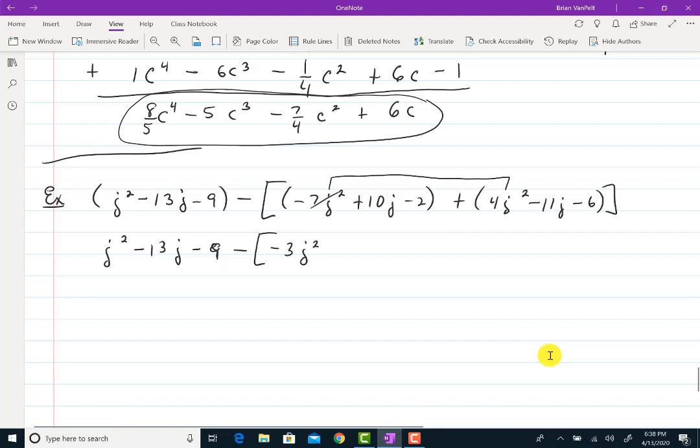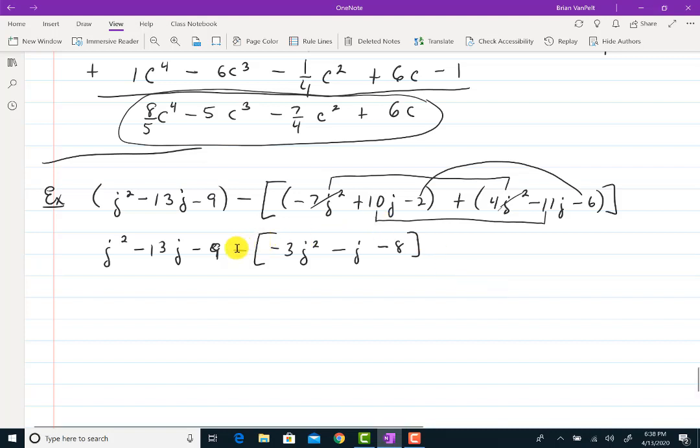So you can slice those off if they seem to be in your way. Next, if I look at just the j's, I have positive 10j minus 11j. That leaves me with negative 1j. All right. And then finally, the negative 2 and the negative 6 together give you negative 8.